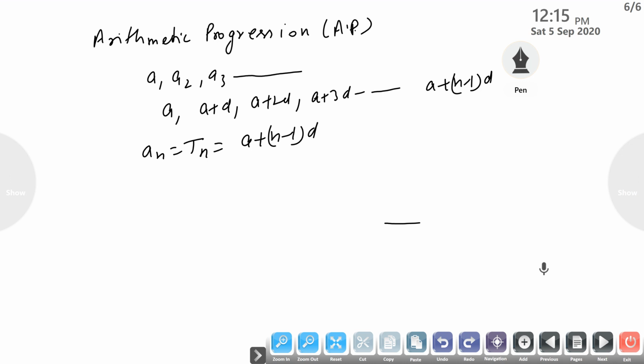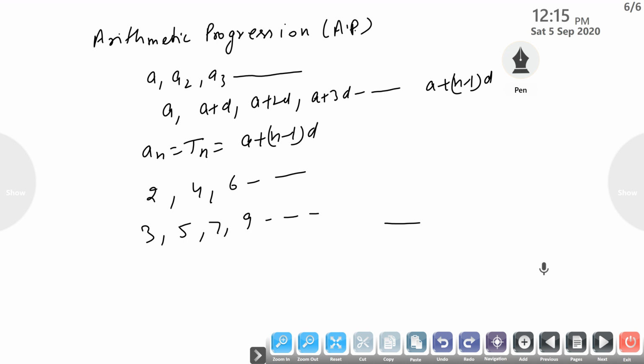We can also verify the property of AP: if a constant is added to each term of the AP, the resulting sequence is also an AP. Taking a simple example, 2, 4, 6, and so on. This is an AP whose first term is 2 and common difference is also 2. If we add 1 to all the terms, we get 3, 5, 7, 9, and so on.